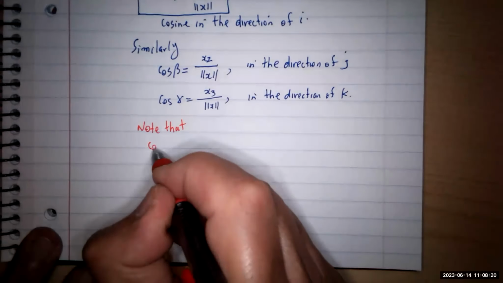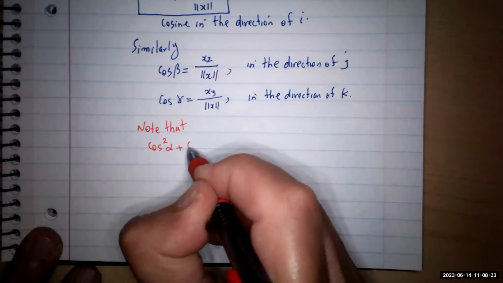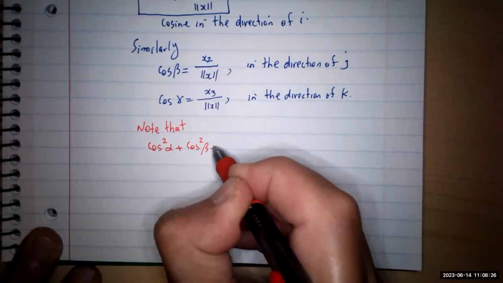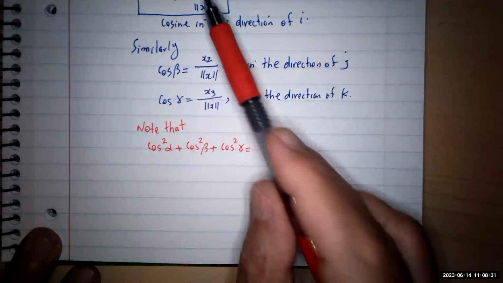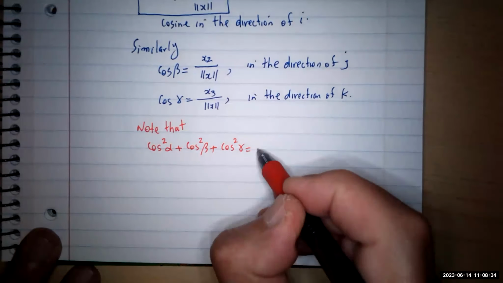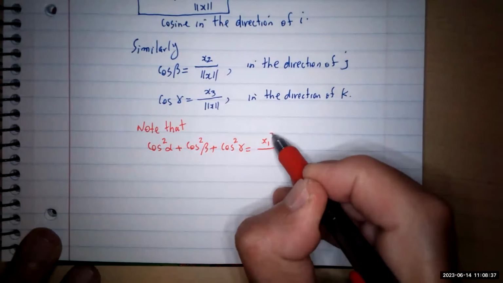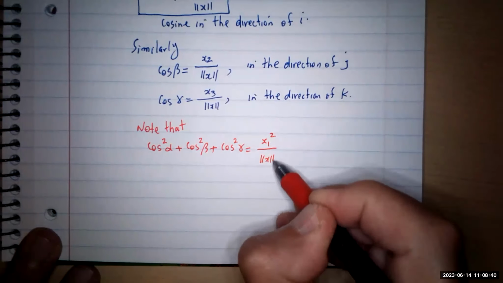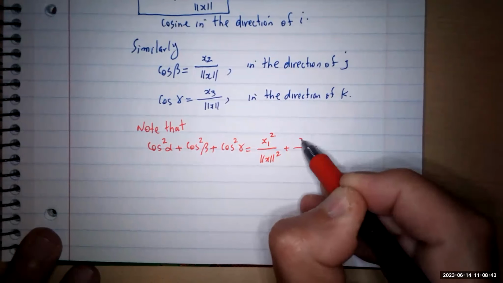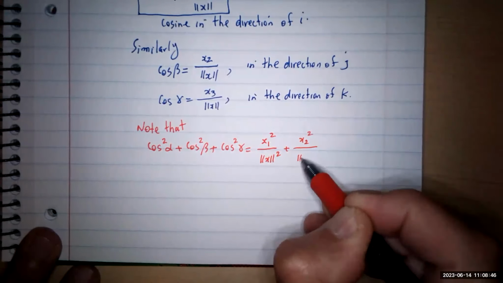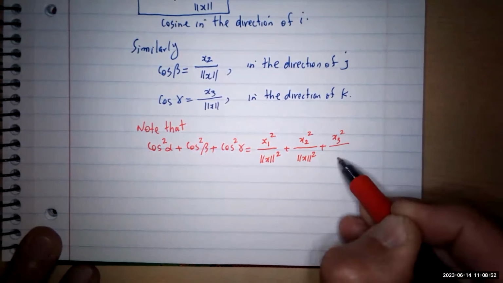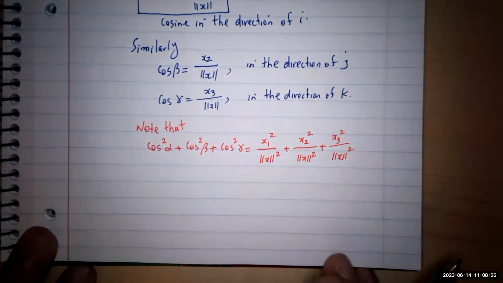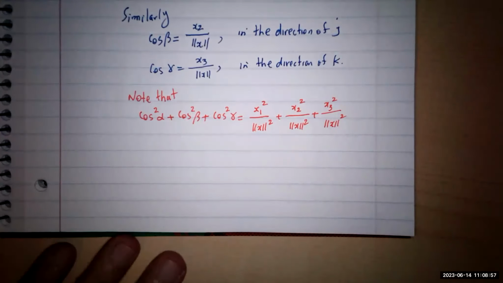So if you find cosine squared of alpha plus cosine squared of beta plus cosine squared of gamma, that gives you x1 squared over norm x squared, x2 squared over norm x squared, x3 squared over norm x squared. If you add the tops together, the result is norm x squared. So the final answer would be 1.